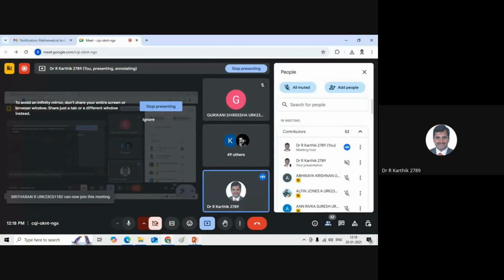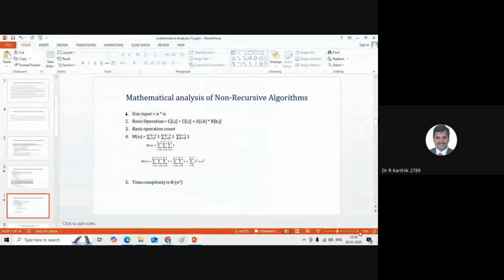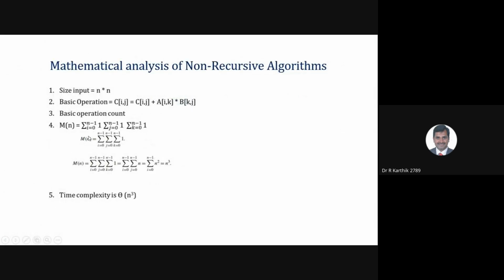Okay, next one about simplification. For the simplification, M of n equals summation i equals 0 to n minus 1, j equals 0 to n minus 1, k equals 0 to n minus 1, 1. So we have to start from the right end. First, we start with the looping variable k. k equals 0 to n minus 1, 1.